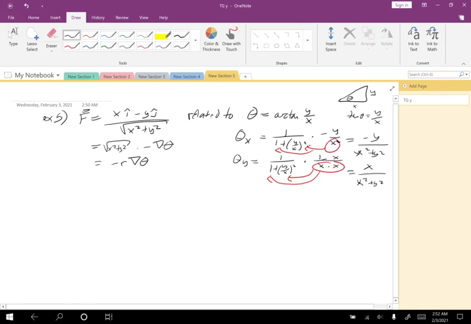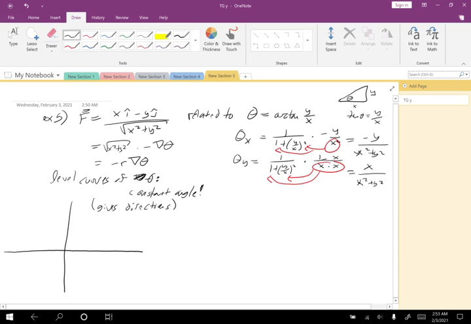Okay, so the level curves of theta, they are constant angle. So this gives me the directions. Okay, so I'm now going to draw constant angles. Which way does it point?